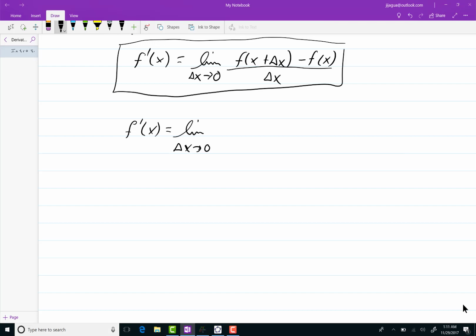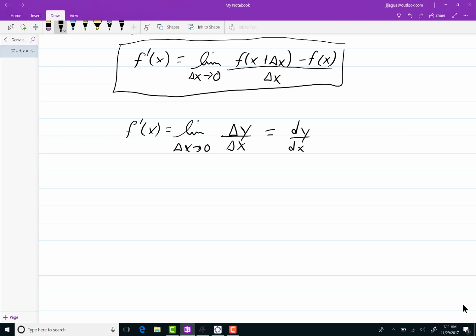But instead of having what I have here, the f of x plus delta x, etc., I'm going to put a delta y. It's like the change in y over the change in x. And this is a nice economical looking formula. And this will be defined by this formula, dy over dx. This is just a notation.